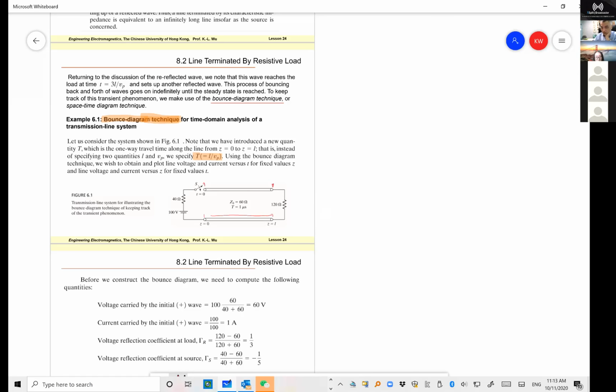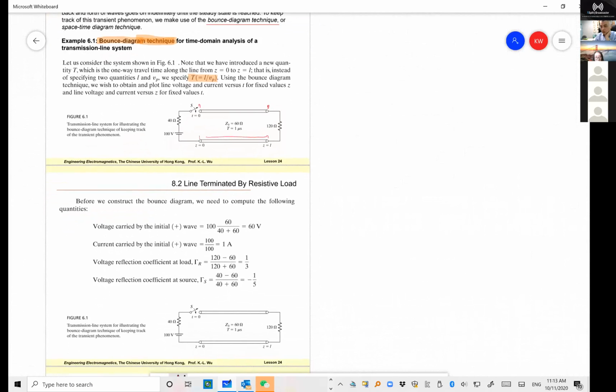Now let's see what happens when the wave starts, at the beginning, the initial wave, when the switch is on. Let's take a look at this example. The intrinsic impedance is 60 ohms, the load is 120 ohms, the source is 40 ohms.